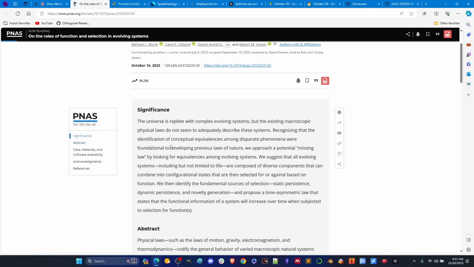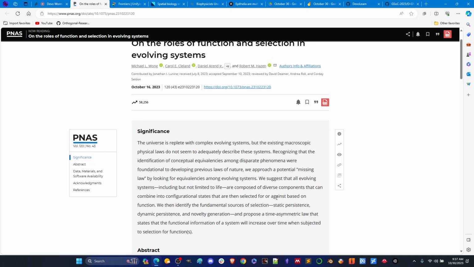And Maxwell proposed this as a demon that sorts these configurational states, because you can't say that there's no natural process for this, at least in Maxwell's time. So he proposed that there was some demon that was doing it, and this is just an unexplained agent. But of course, it's not really agency; it's this sort of process. So yes, we still don't fully understand how this works, but we know that there are increases of information in these kinds of systems. And so this is another good paper.